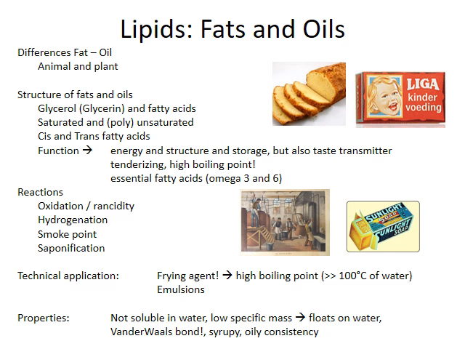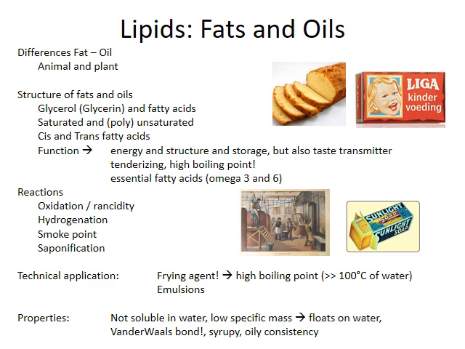What are we going to talk about? First of all, what are the differences between fat and oils? What are the differences between animal and plant fats and oils? We will talk about the structure of fats and oils. Fats and oils are composed of two kinds of molecules, one molecule of glycerol, also called glycerin, and three molecules of fatty acids.